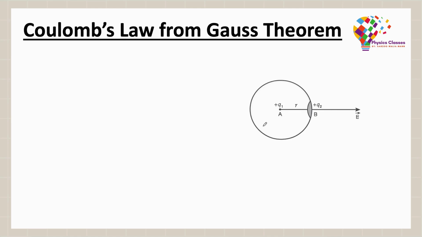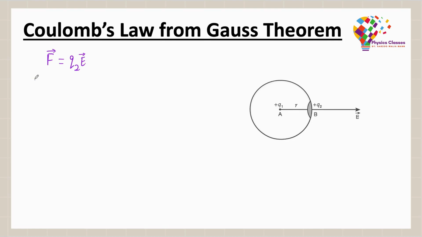If I want to talk about the force that is experienced by the charge q2 due to q1, the force experienced by charge q2 due to q1 can be written as q2 times the electric field. Now this electric field is the electric field that is coming due to charge 1. Charge 1 has an electric field which is external for charge 2, and charge 2 has an electric field which will be external for charge 1.